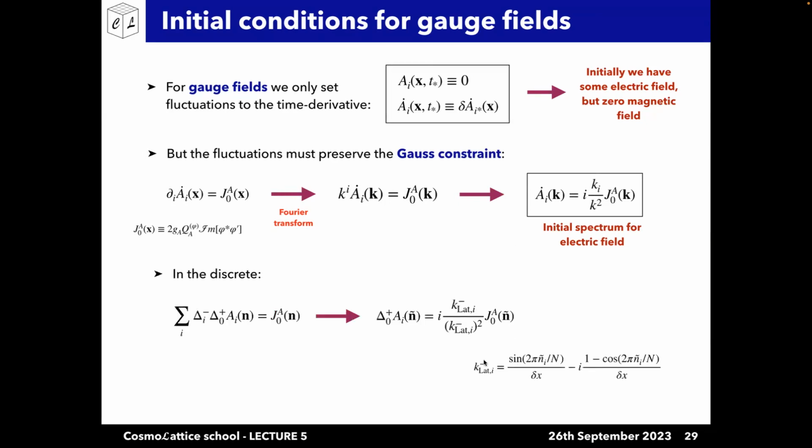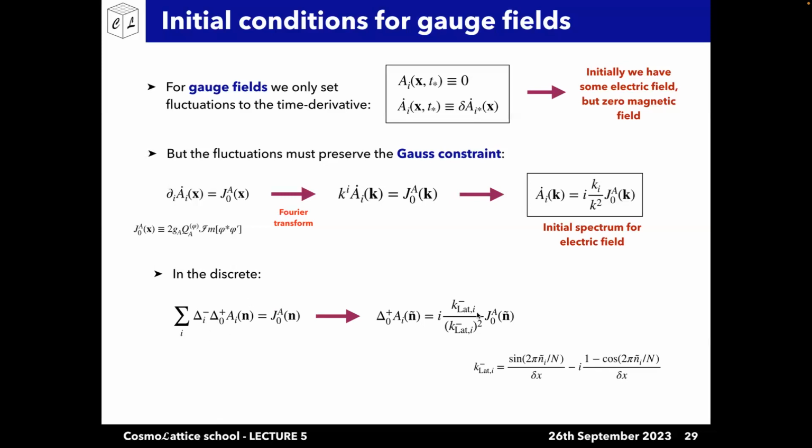How do we do this in the discrete? Remember that, as I emphasized in my first lecture, we need to choose coherently the lattice momentum with our choice of spatial derivative. So in our discrete formulation, this is the Gauss law, and in the Gauss law we are using this charge spatial derivative with the minus sign here. And this is in position space.